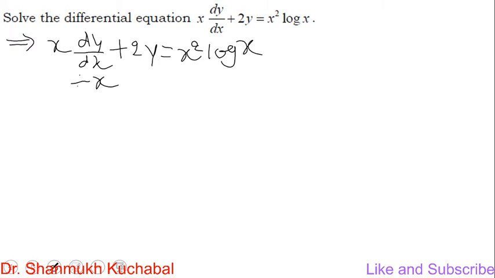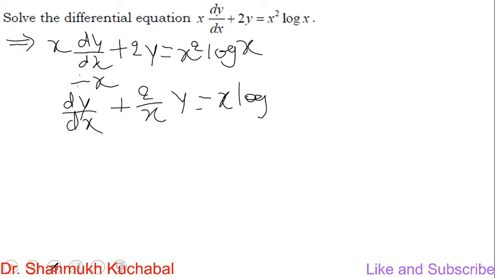So we get dy by dx plus 2 by x into y equal to x into log x, as the x cancels.